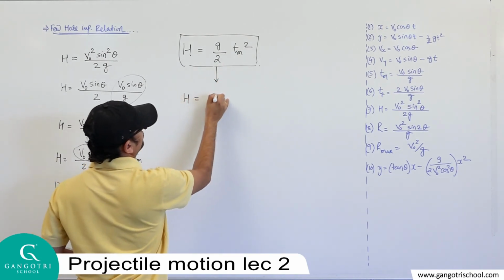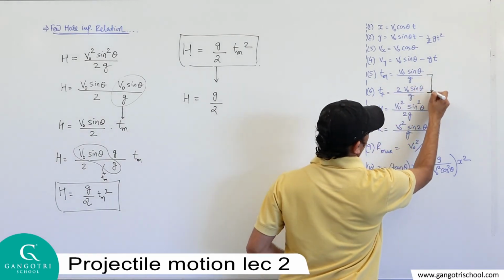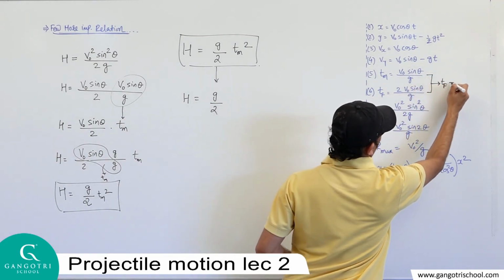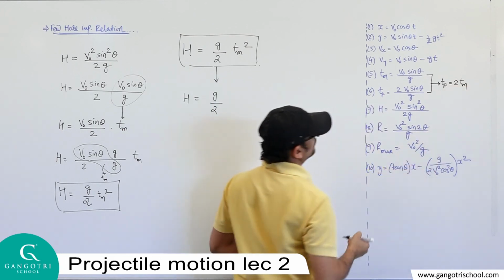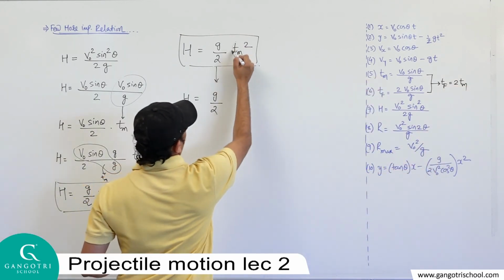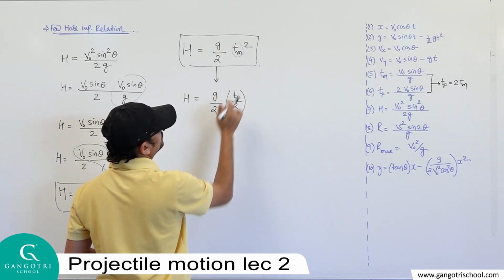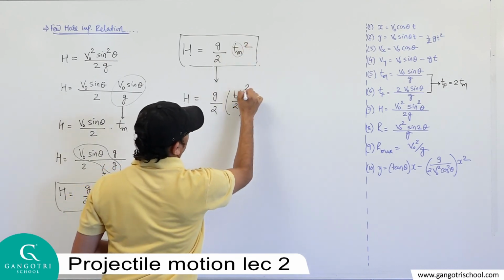Okay, one more step of simplification. Can I write h is equal to g by 2? Now from these formulas we already know that Tf is equal to 2 Tm. Time of flight is double the time to reach maximum height. So instead of Tm, can I write Tf by 2, half of the total time, all squared?